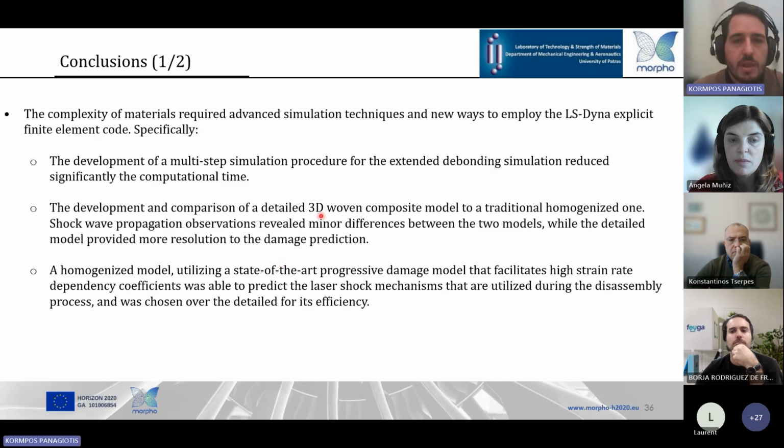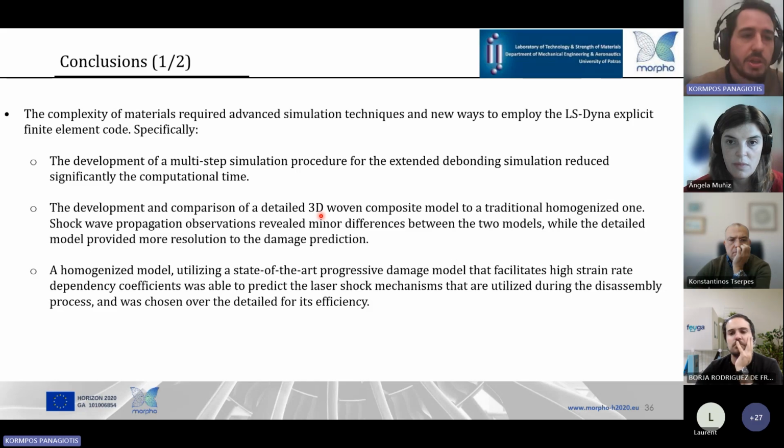And some conclusions. The complexity of the materials required some advanced simulation techniques and new ways to employ the LS-DYNA explicit finite element code, and specifically the development of a multi-step simulation procedure for extended debonding simulation reduced significantly the computational time.